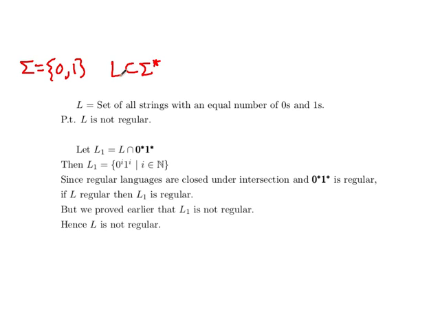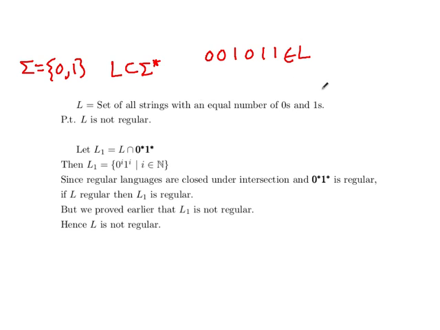And what strings are here which have an equal number of zeros and ones? They can occur in any place. For example, say you have 0 0, then 1, say 0 1, and then say 1. So this has 3 zeros and 3 ones, so this should be in L. All such strings where the number of zeros is equal to the number of ones.